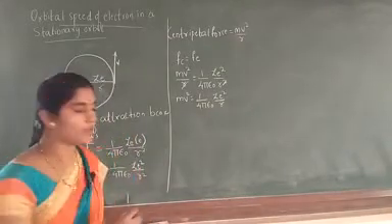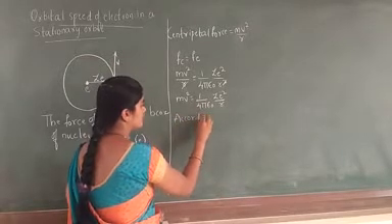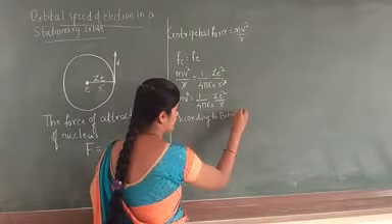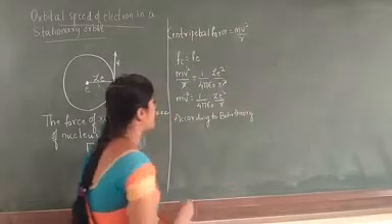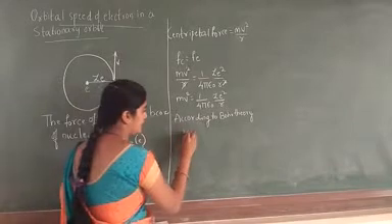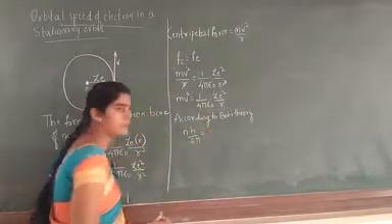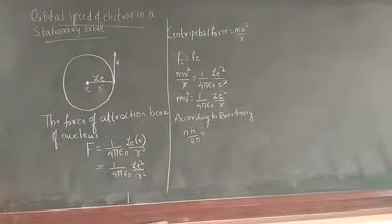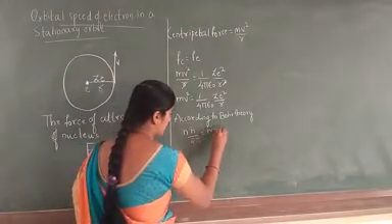Now, according to the Bohr theory, the formula can be written as mvr is equal to nh by 2 pi.